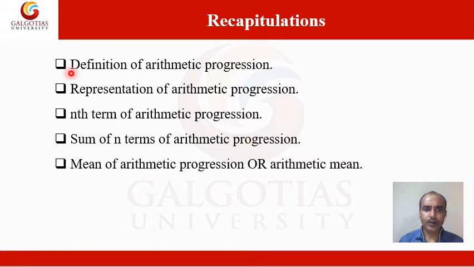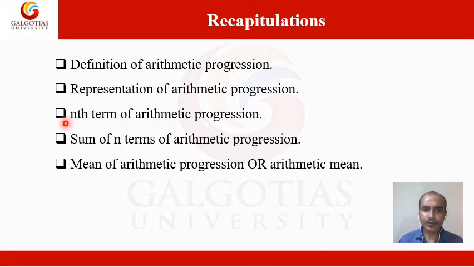In the previous lecture, we learned about the definition of arithmetic progression, representation of arithmetic progression, nth term of arithmetic progression, sum of n terms of arithmetic progression, and arithmetic mean.